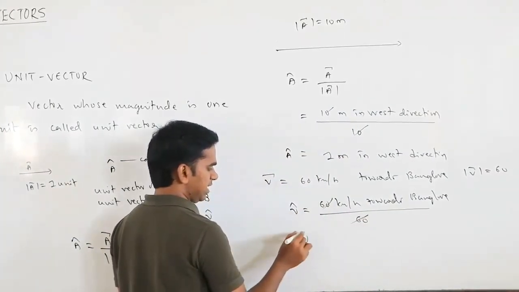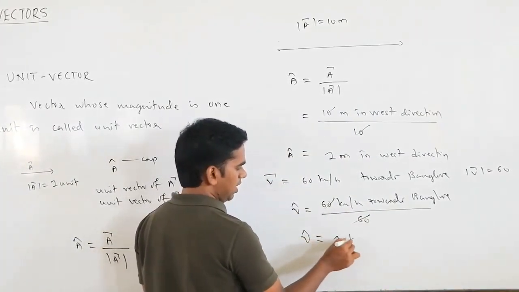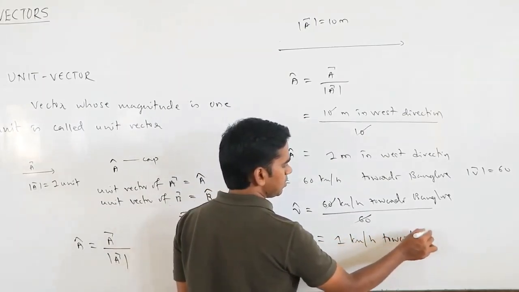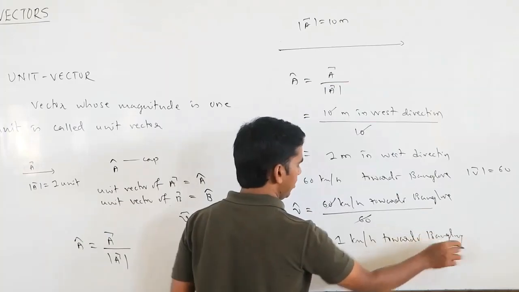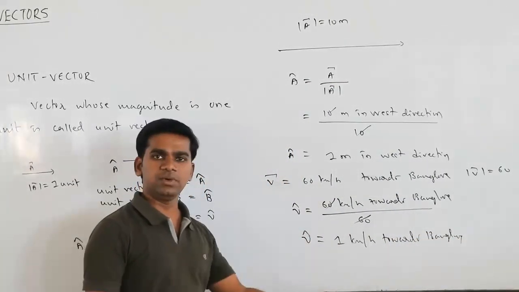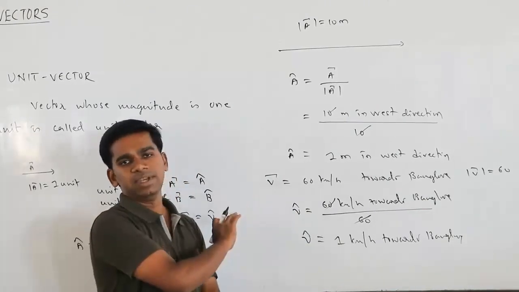So 60 will get cancelled. So V cap is 1 km per hour towards Bangalore. I hope you are getting what exactly a unit vector is. If you multiply this with the magnitude, you will get the vector again.